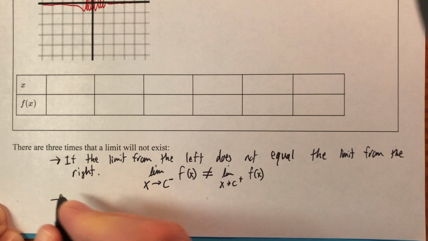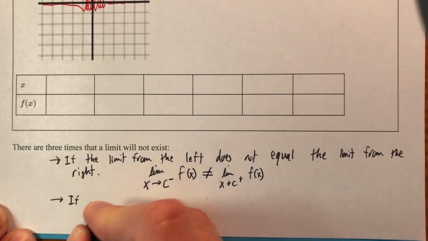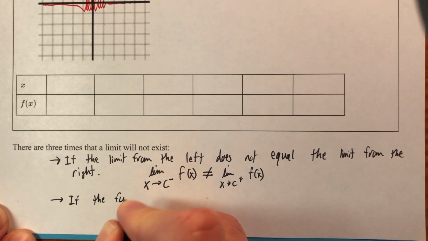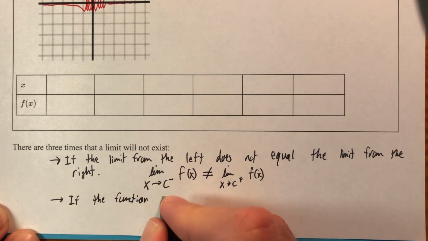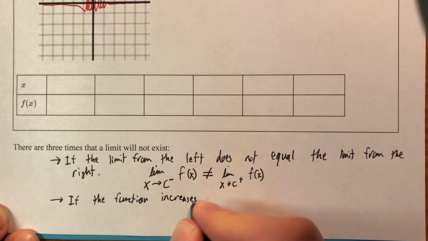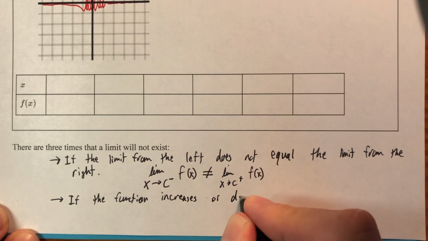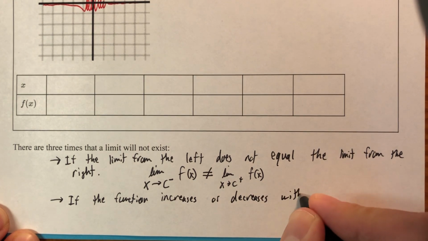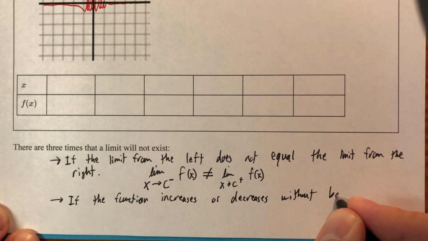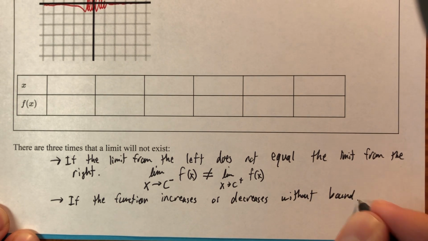Here's time number two. If the function, let's spell it correctly, increases or decreases without bound. And that is where we would say it approaches infinity.